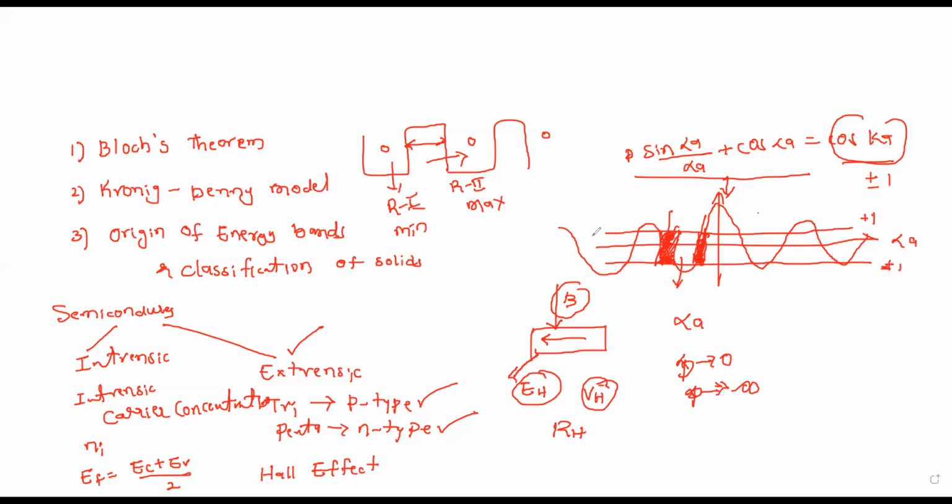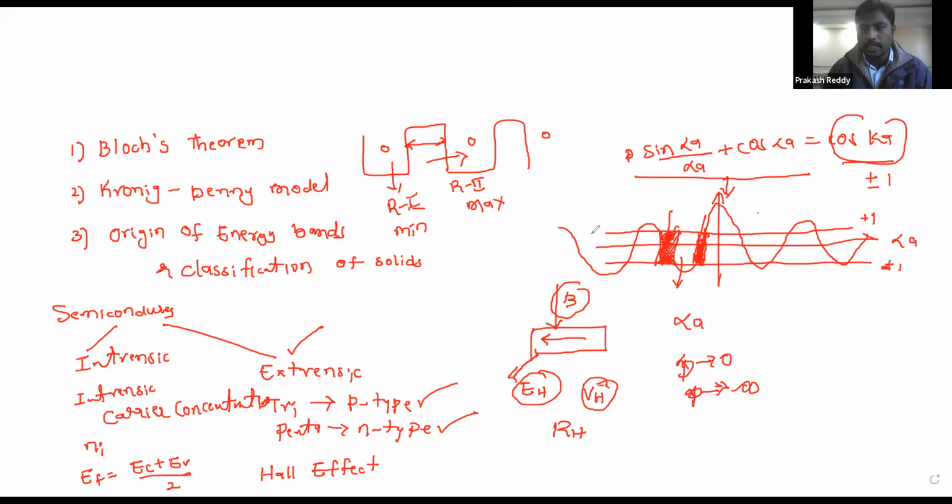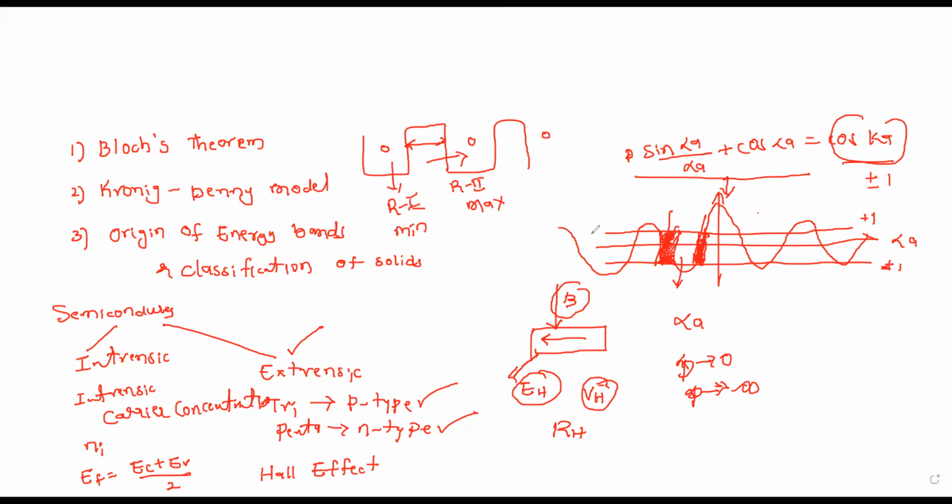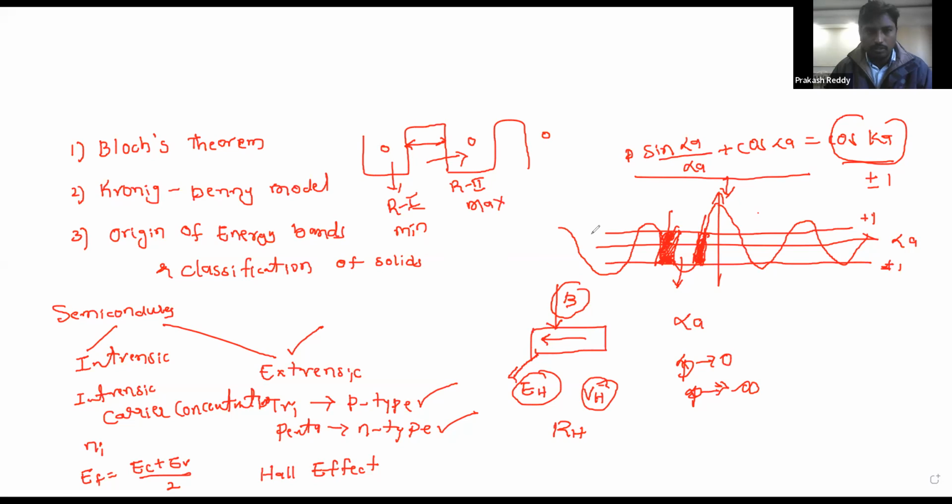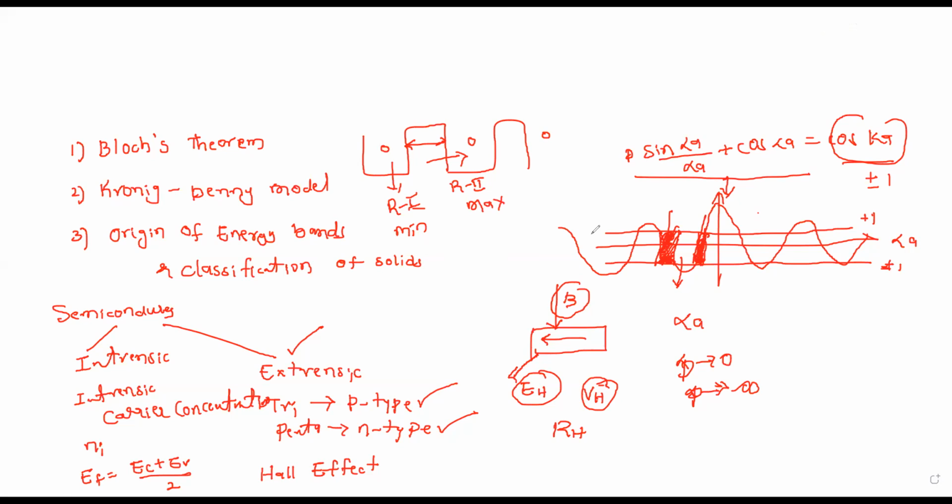Sir, for determination of the type of a given semiconductor. How can you determine the type of semiconductor? If RH is negative, it is N type. If RH is positive, it is P type. Very good. If you know the RH, what are we going to find out? Carrier concentration.